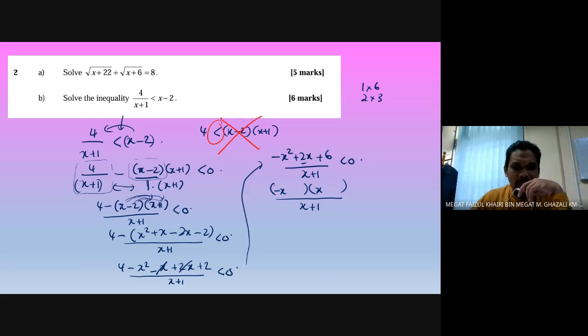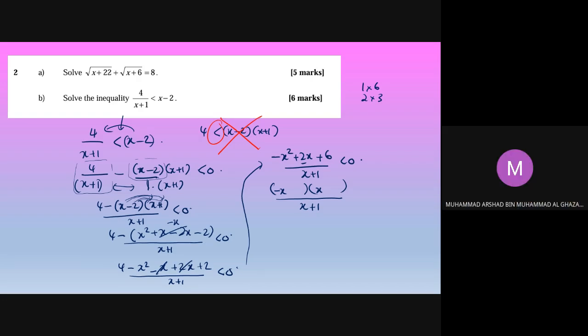X times X, X squared. X times 1X, negative 2X. X minus 2X, negative X. Negative 2 times 1 equal to 2. X, 2x should be x.